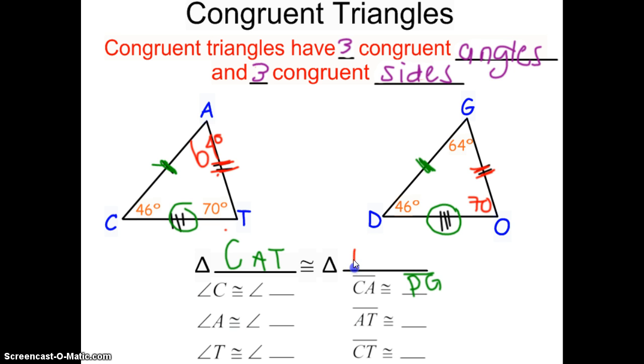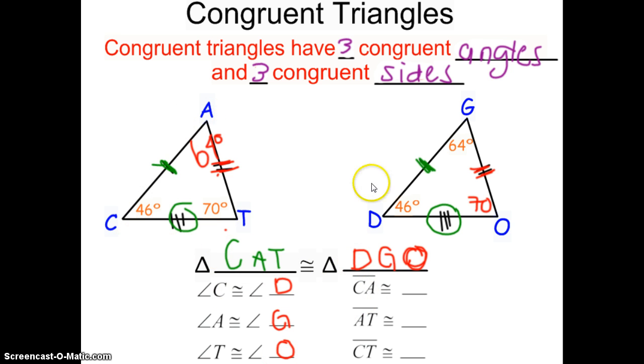This is going to be triangle D, C and D are congruent, A is congruent to G, and T is congruent to O. So that's how I'm going to write my triangle. Oh, that's supposed to be an O. So I just said that C is congruent to D, A is congruent to G, and T is congruent to O. Now let's look at our sides.